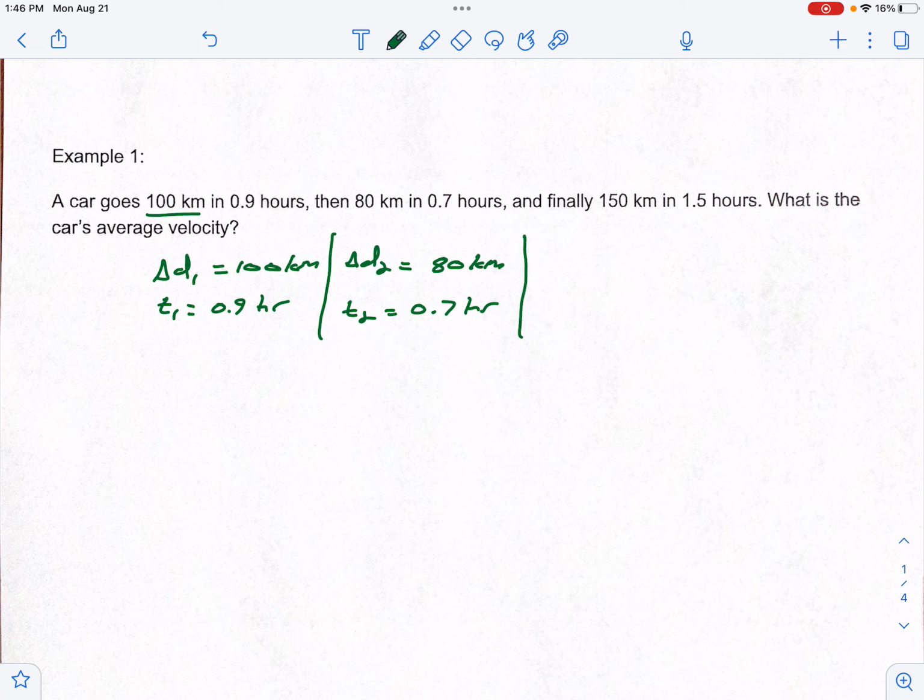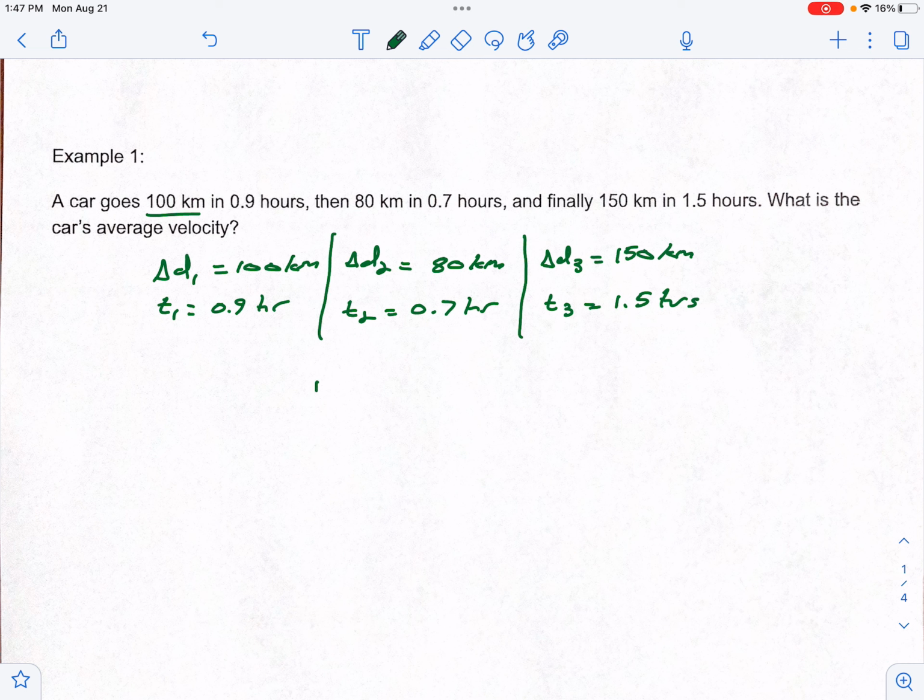Lastly, my displacement 3 is 150 kilometers, and my time 3 is 1.5 hours. This helps you figure out what you have and what you're looking for, and keeps things nice and organized. So what's the car's average velocity?